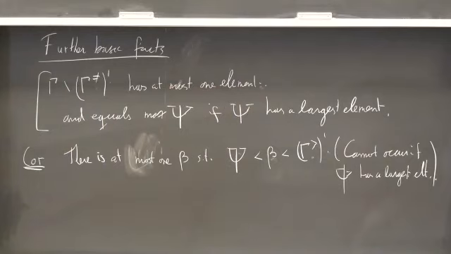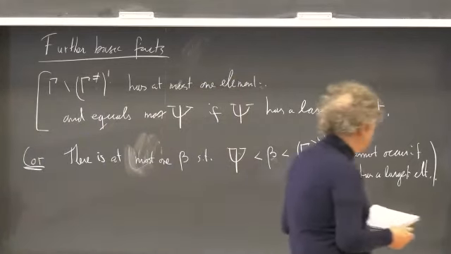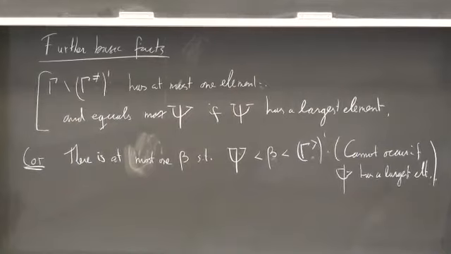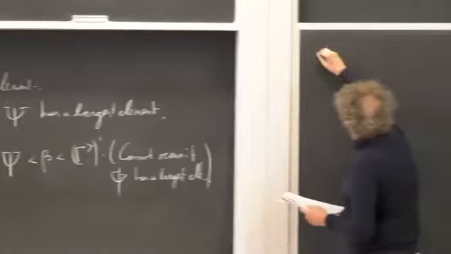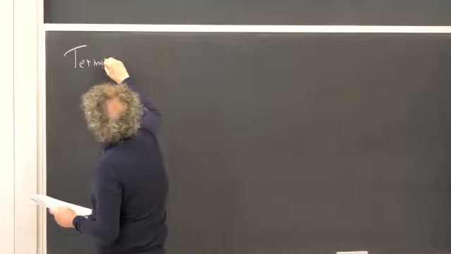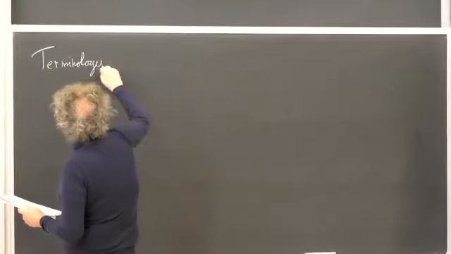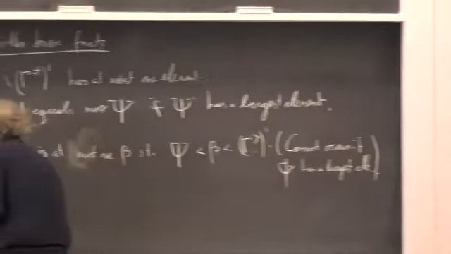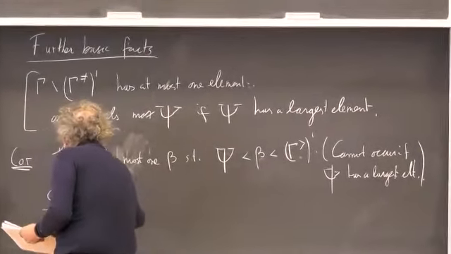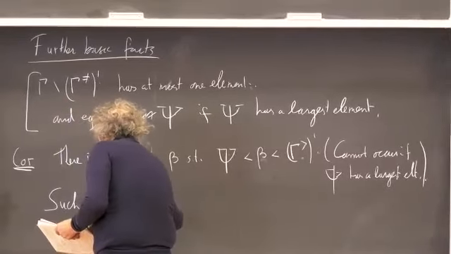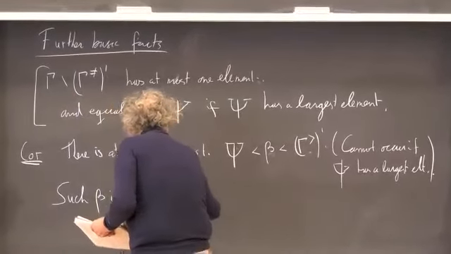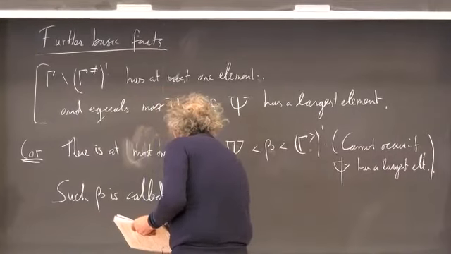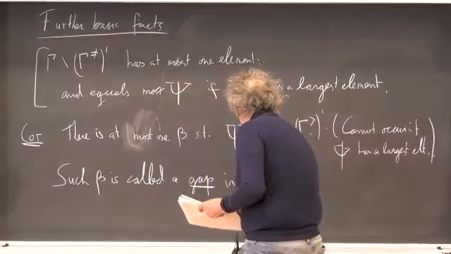Okay, so now I want to introduce some terminology, because this leads to a kind of trichotomy. Such a beta is called a gap in our asymptotic couple, gamma Psi.